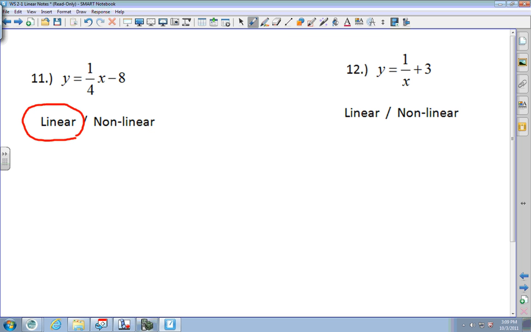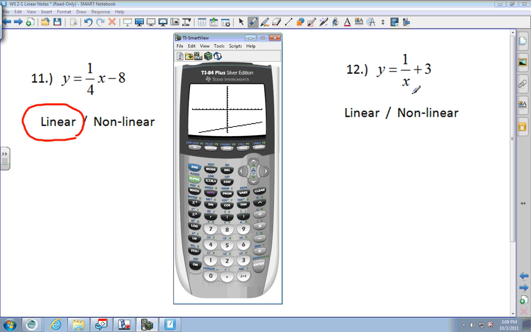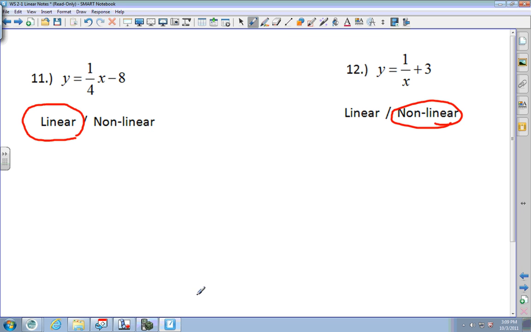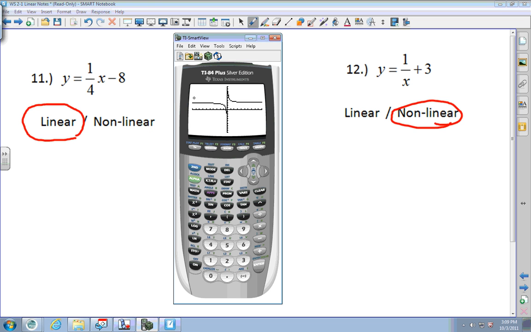Let's try this next one. Let me clear it out. I'm going to put 1 divided by x plus 3, and press graph. Oh, that's one of these little funky things. This is nonlinear. Look at that one more time. See how it curves this way and then curves up? That is nonlinear.